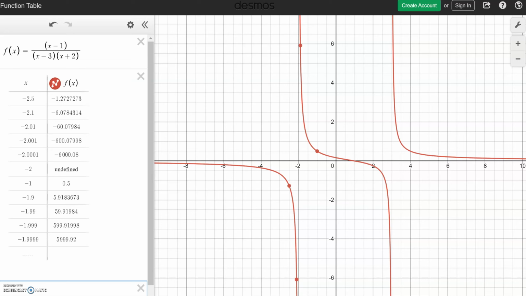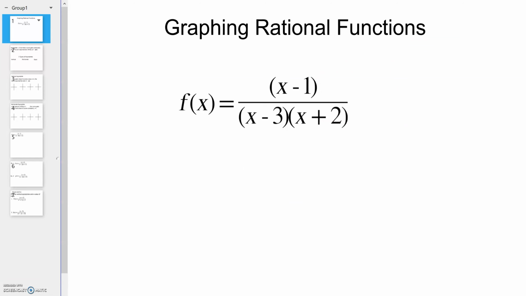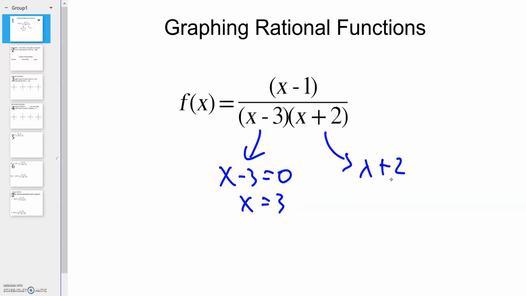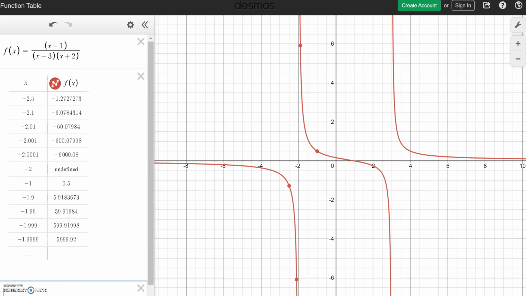And if I set x plus 2 equal to 0, I would get x equals -2. So the values that make the denominator 0 are 3 and -2. And those happen to be the exact same places that this graph is getting really strange, having the break in the graph and getting really steep.